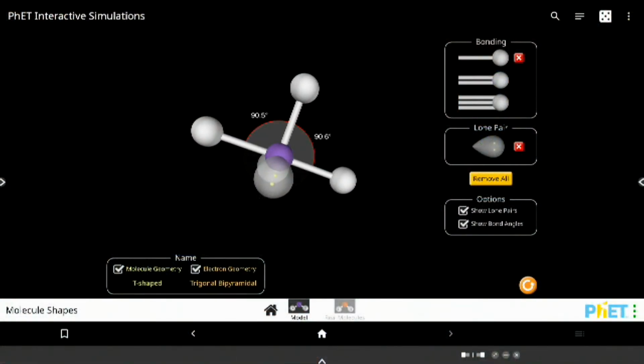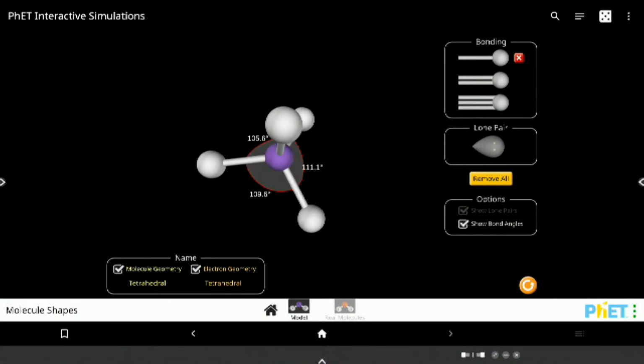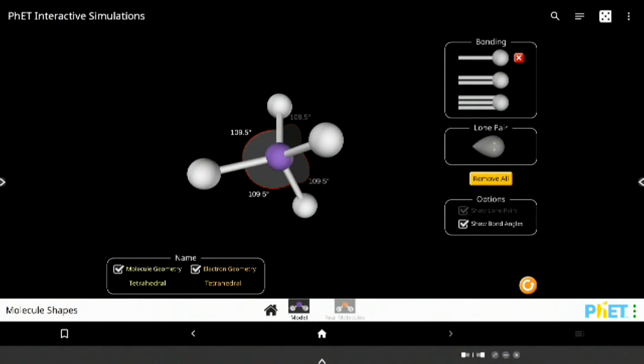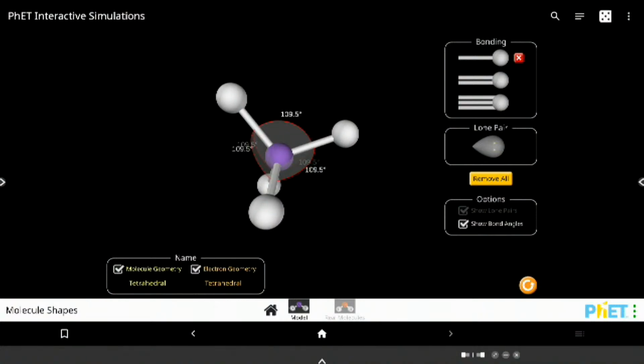I'm going to get rid of the lone pairs and put them back. There it is. You have to also, unfortunately, memorize these bond angles. So 109.5 is the one you have to remember. That's the tetrahedral. All the others are 90, 120, 180. Those are obvious. 109.5 is the famous tetrahedral bond angle, and they're all the same.